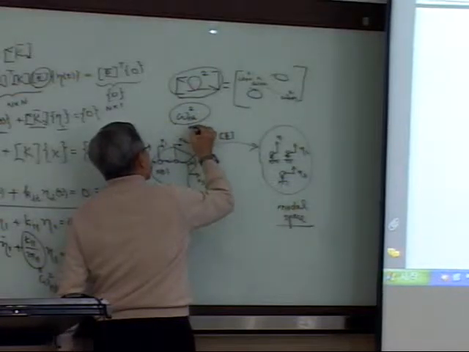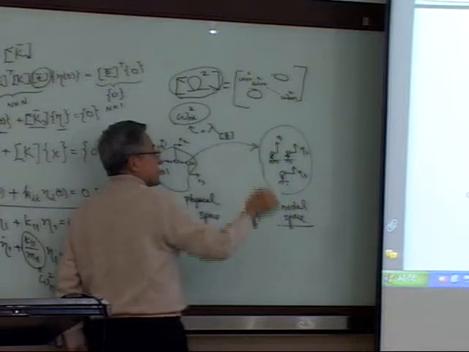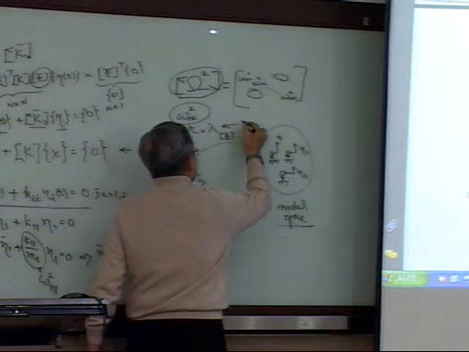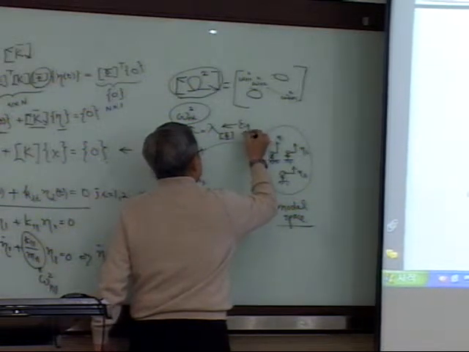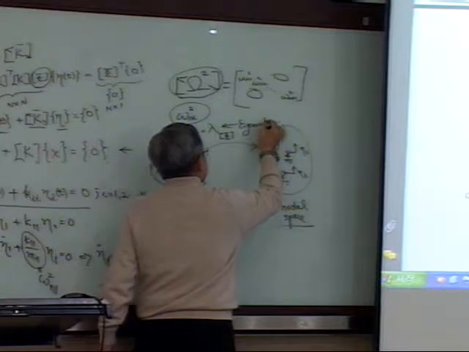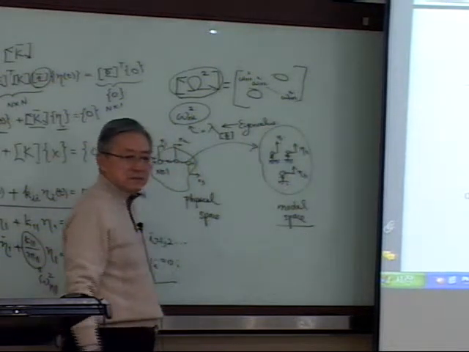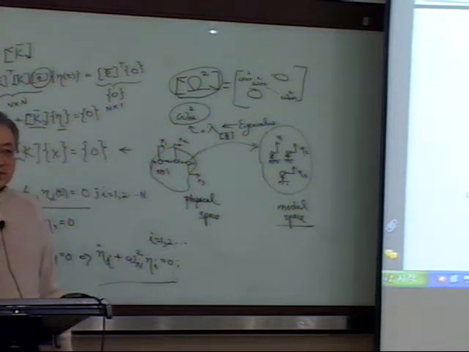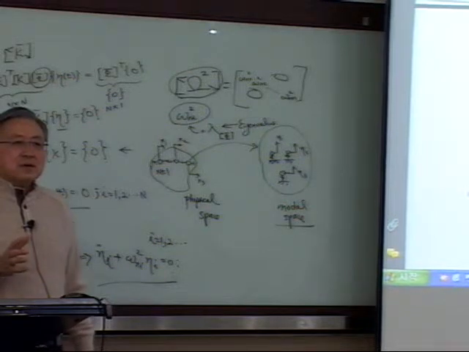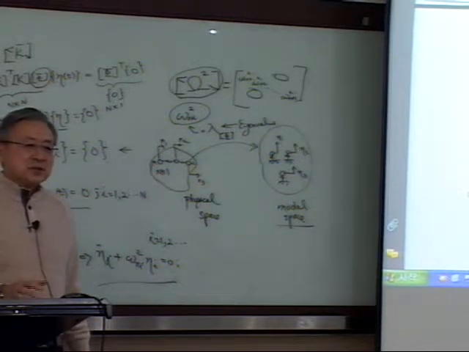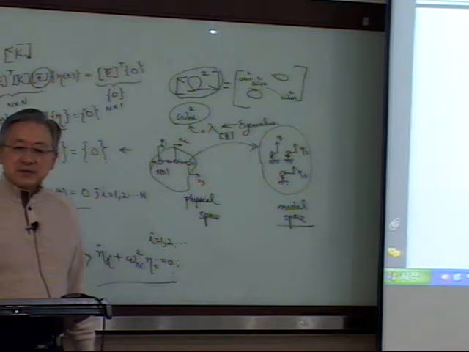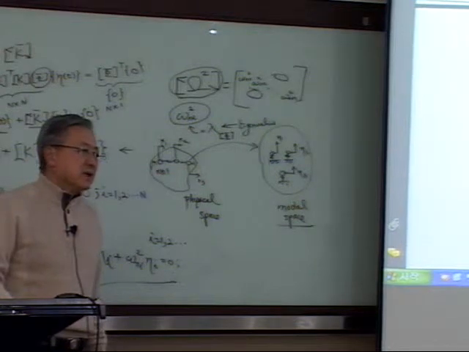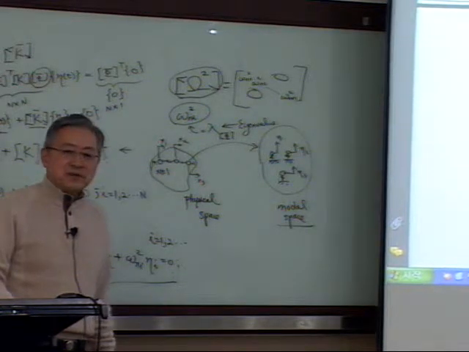This is really called the lambda. Usually in math, when you solve eigenvalue problem, this lambda is called eigenvalue of the system. Eigenvalue. So conducting the modal analysis in engineering means, in mathematics, solving the eigenvalue problem to get the eigenvalue and eigenvector.